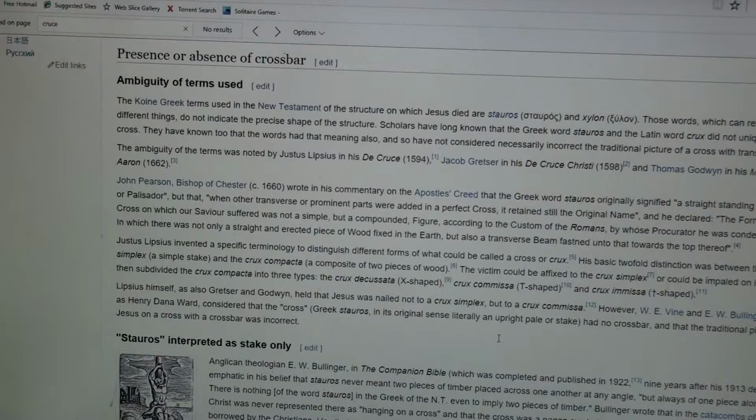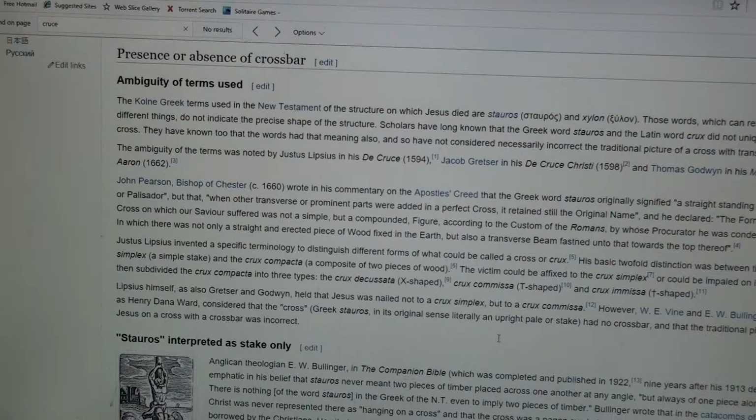John Pearson, Bishop of Chester, around 1660, wrote in his commentary on the Apostles' Creed that the Greek word stauros originally signified a straight standing stake, pale or palisade, but that when other transverse or prominent parts were added in a perfect cross, it retained still the original name.